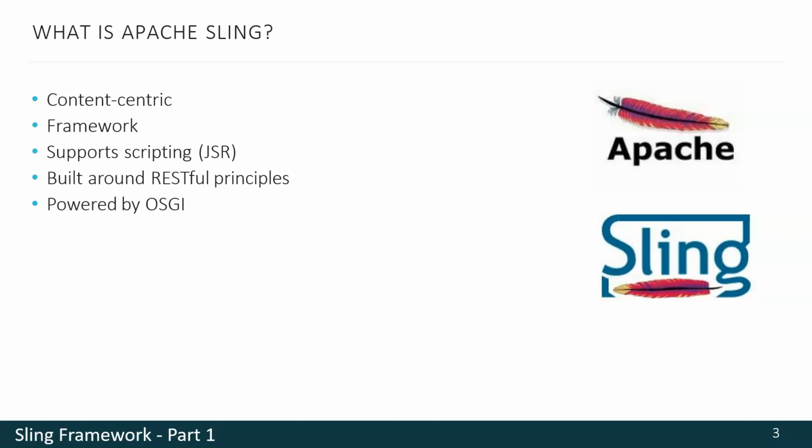Sling applications use either server-side JavaScript or Java servlets, selected according to simple naming conventions, to process HTTP requests in a RESTful way. The embedded Apache Felix OSGi framework and console provide a dynamic runtime environment where code and content bundles can be loaded, unloaded, and reconfigured at runtime.